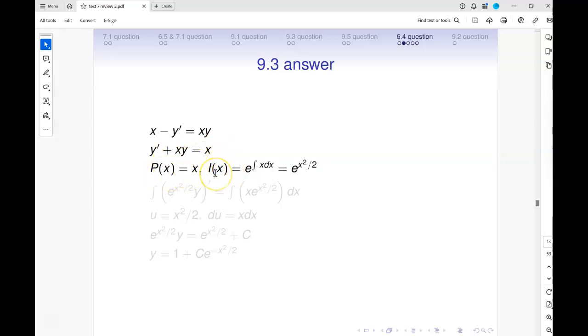My integrating factor is e to the integral of x dx, or e to the x squared over 2. I multiply that to both sides and condense the left-hand side to just be the derivative of I of x times y. The right-hand side is x times that I of x.